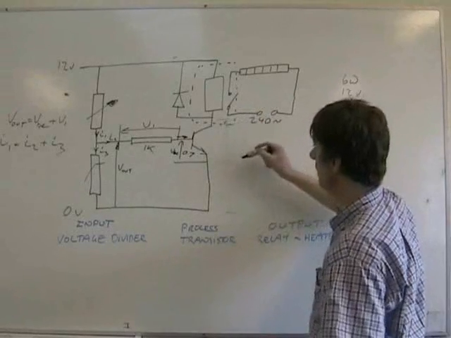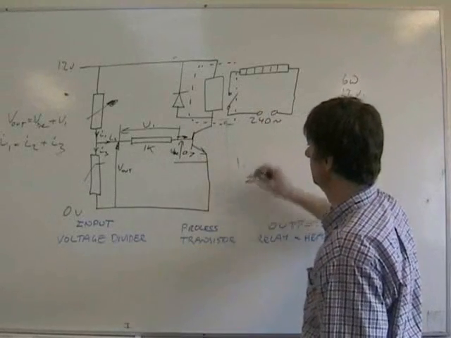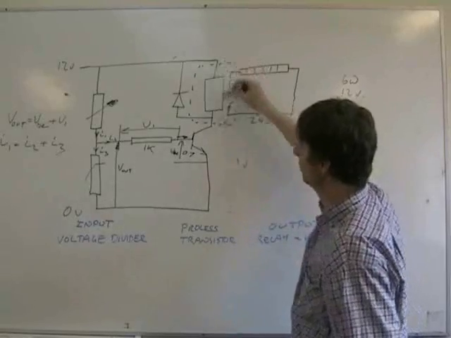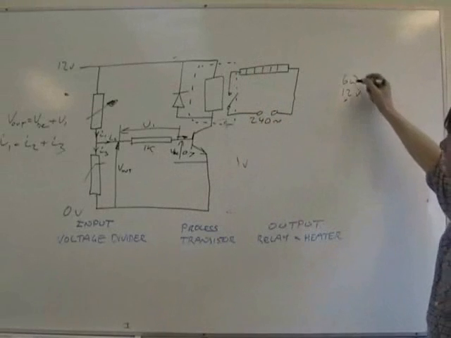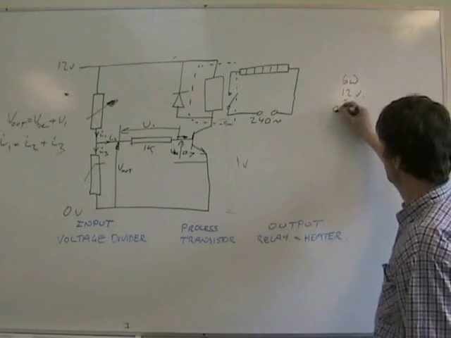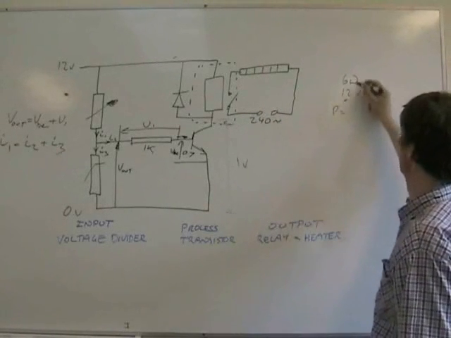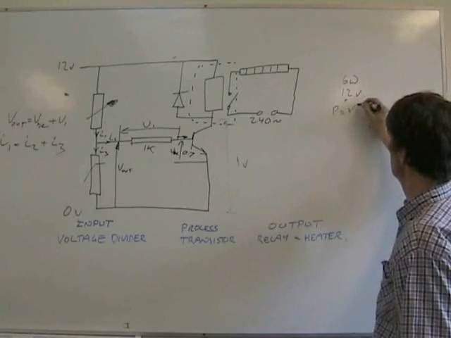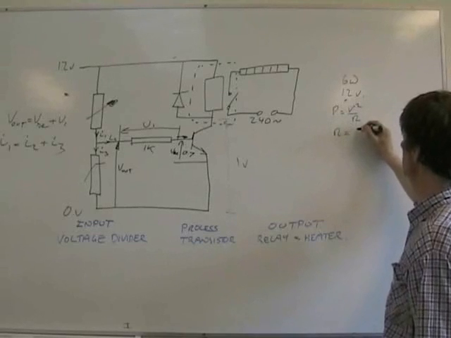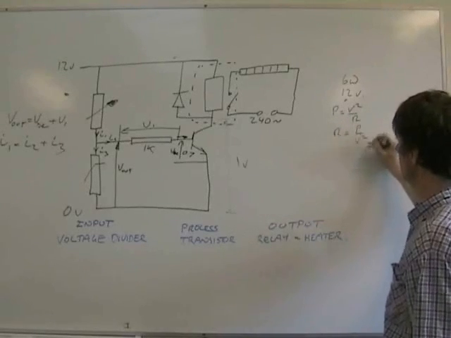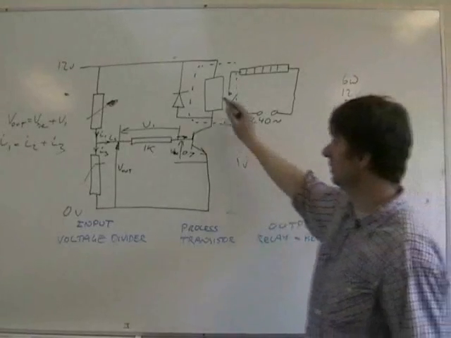So if that was 1 volt, that would mean the voltage across your relay was 11 volts. So from this, use P equals V squared over R. So R equals V squared over P. That'll get you the resistance of the relay.